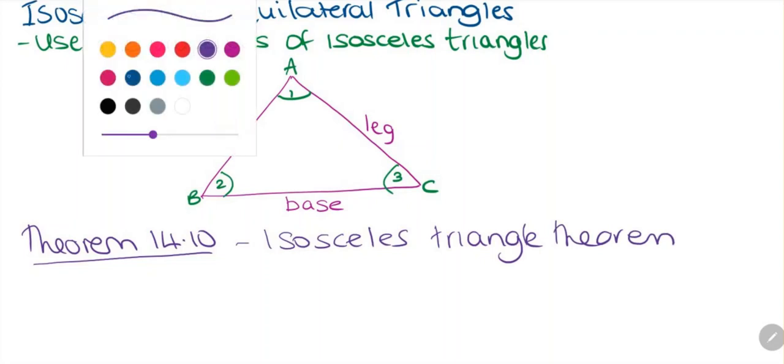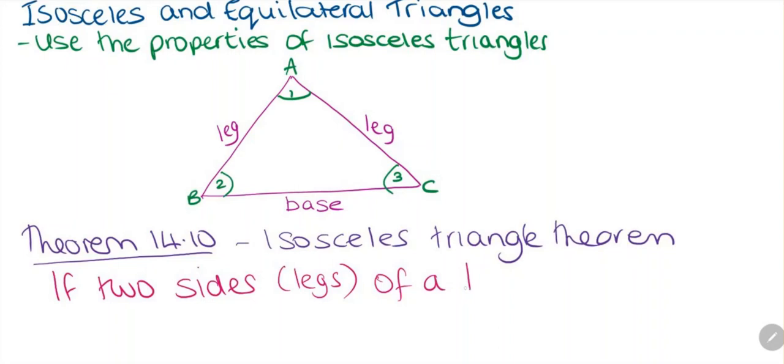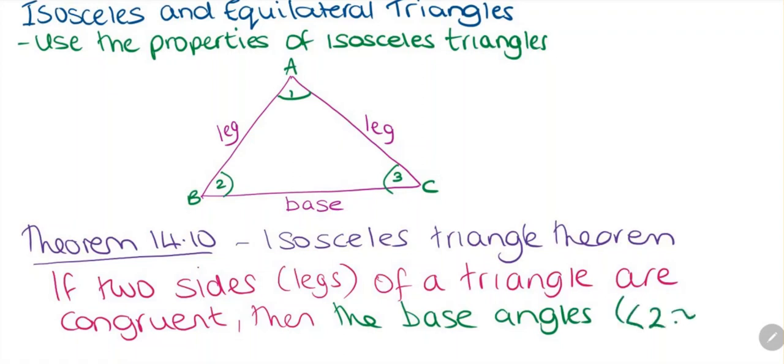And this theorem says if two sides, which we're calling the legs of a triangle, are congruent, then the base angles, so here we'll say angle 2 is congruent to angle 3. So the base angles are congruent.